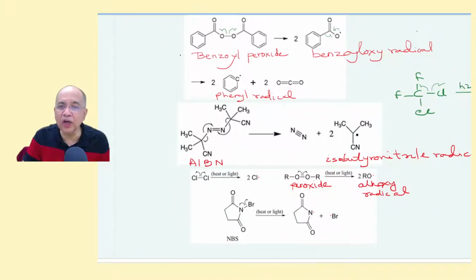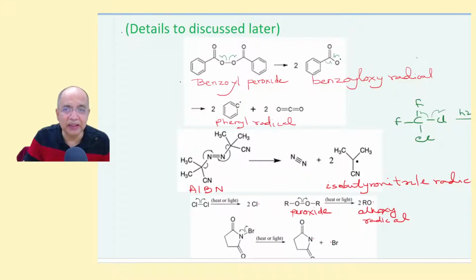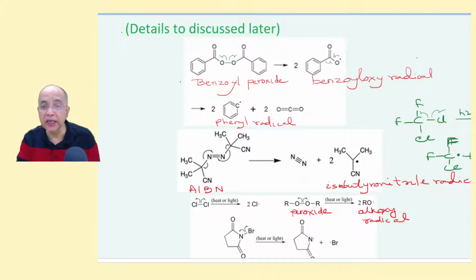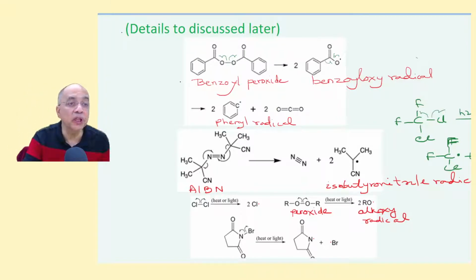Similarly, a chlorofluorocarbon, when irradiated, will produce. You are not able to see. I will do it here for you. And this will produce now this CF2Cl dot plus Cl dot. Still you are not able to see. Okay, then I will do one thing.